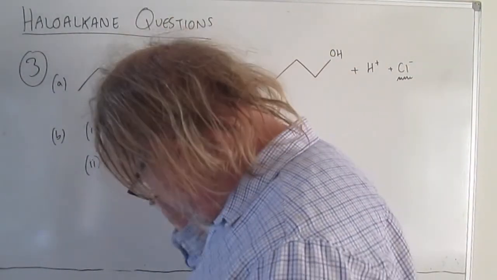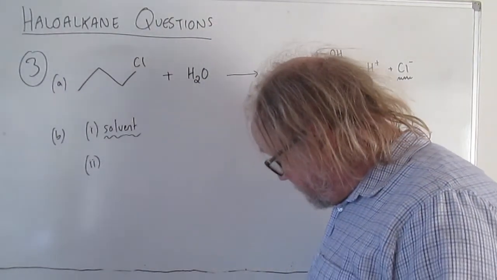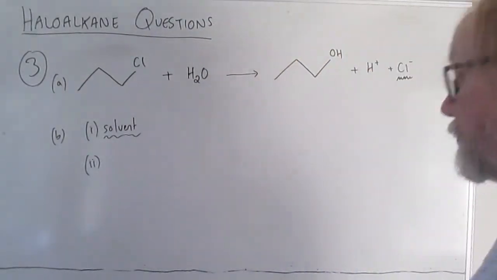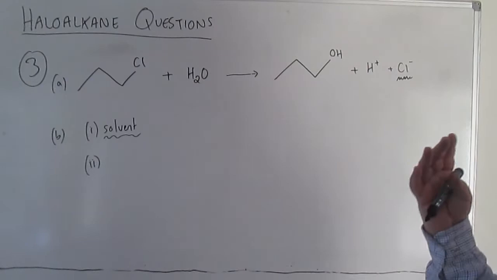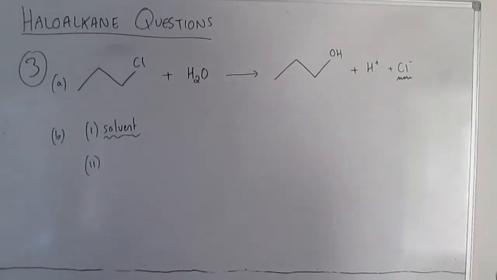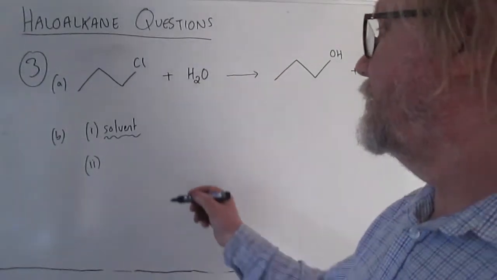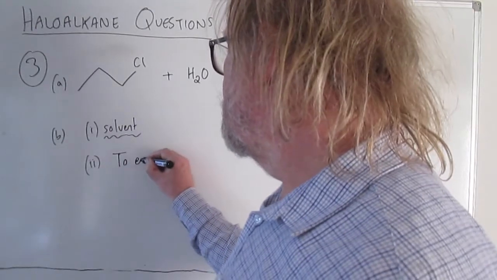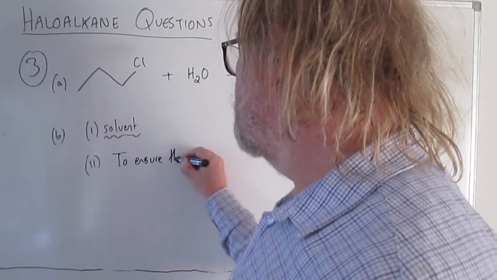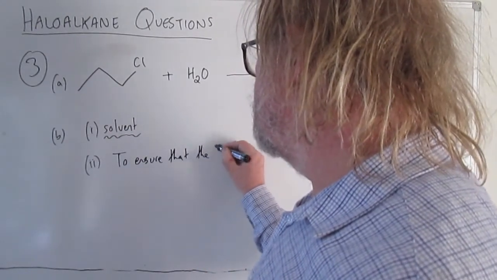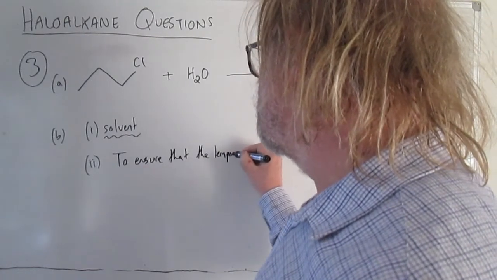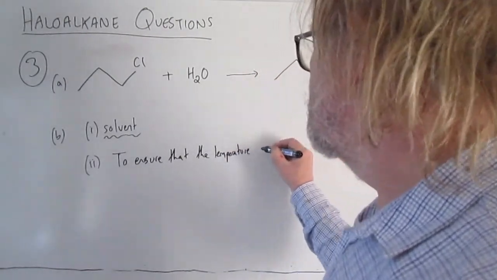Then it wants to know why the tubes are incubated in the same warm water bath. This is just to make sure that they're all at the same temperature. It's as simple as that. Okay, so to ensure that the temperature is the same. And the reason for doing that is because the rate of reaction is strongly dependent on temperature.